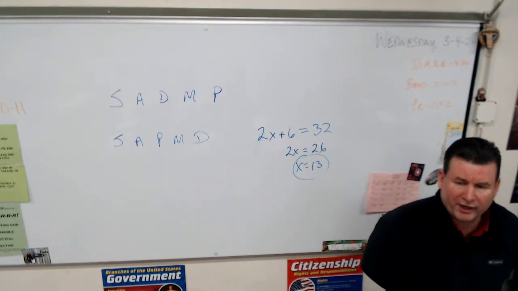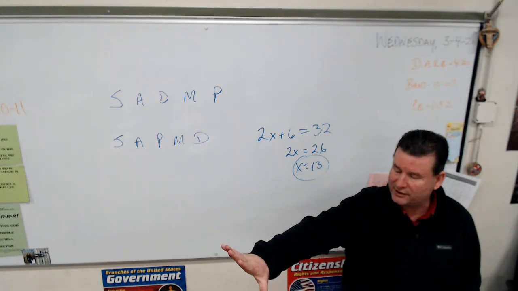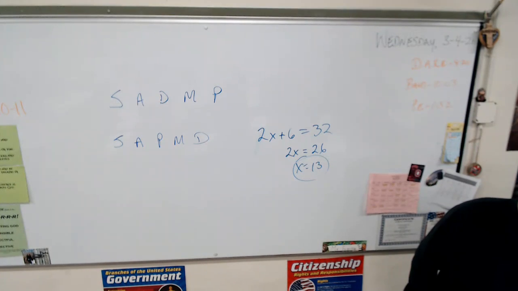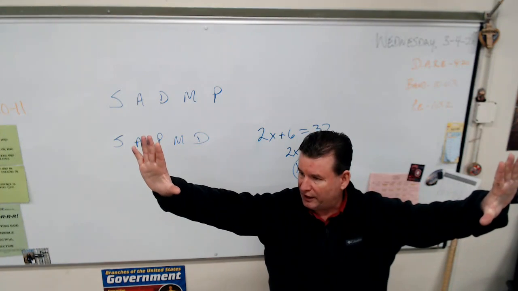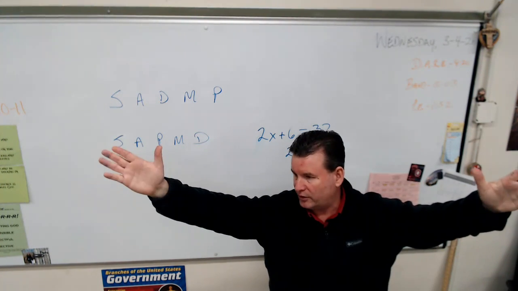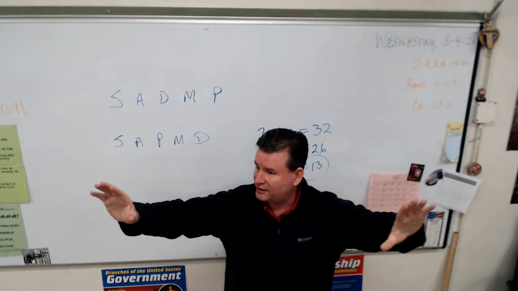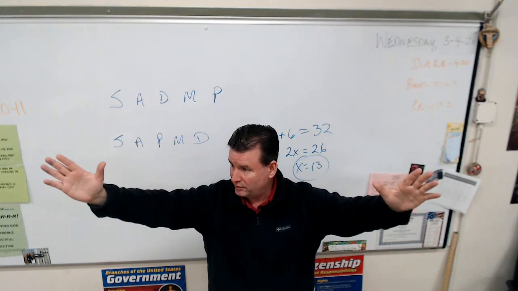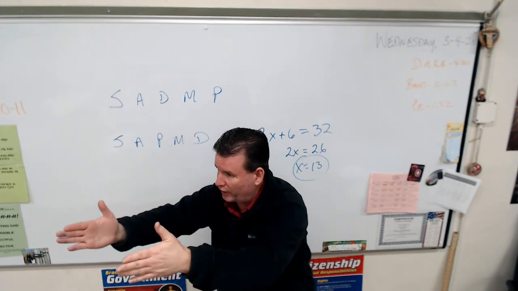If you're still working and you're still not sure of yourself, Jordan, when he takes one more test, how many total tests will that be? He's already taken 5. So if he takes 6 tests, what's the total points for his test? How many points are a test usually? 100. So if he takes 6 tests, what's his total points going to be? 600.